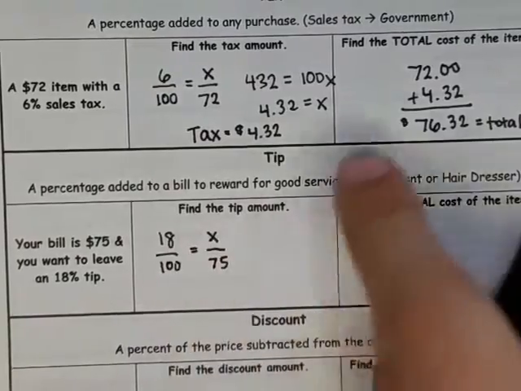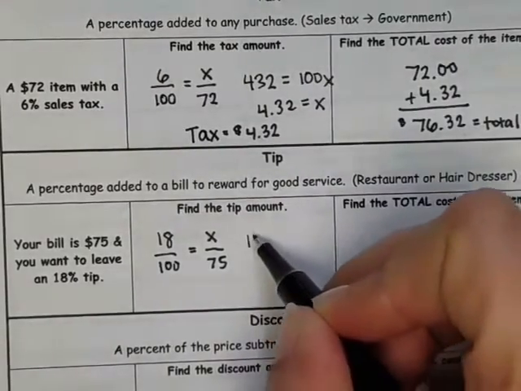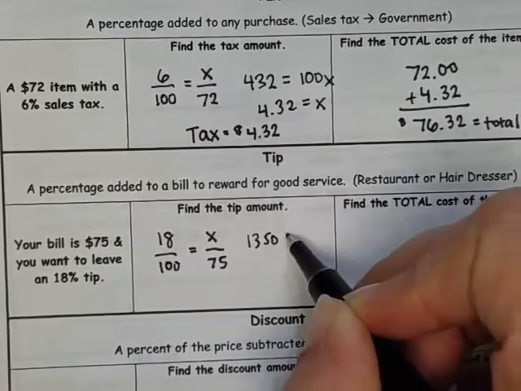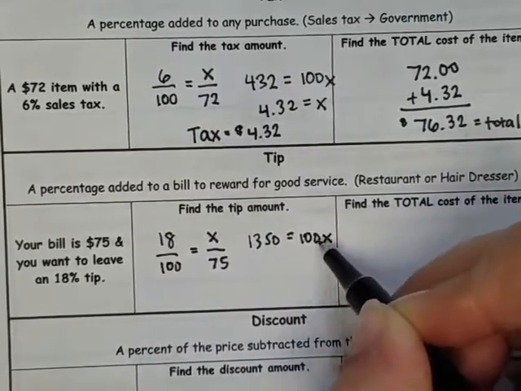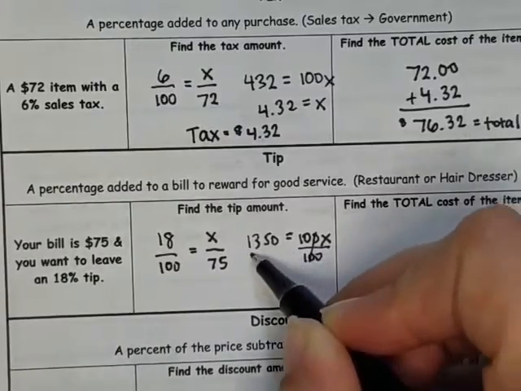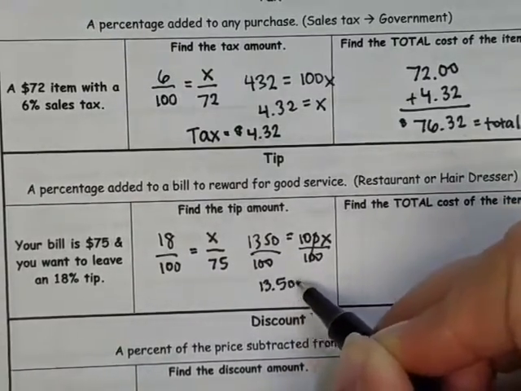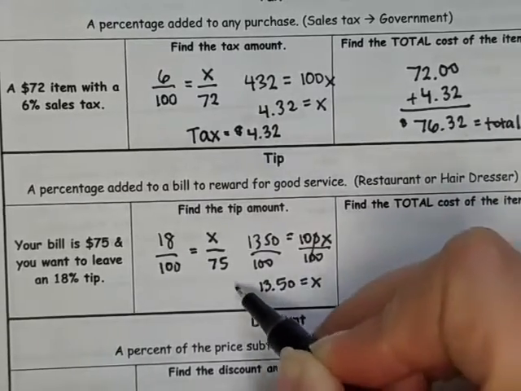So we can do a little cross multiplication and division. So 75 times 18 gives me 1,350 equals 100x. Divide by 100, divide by 100. So $13.50 is my tip. So this is the tip.